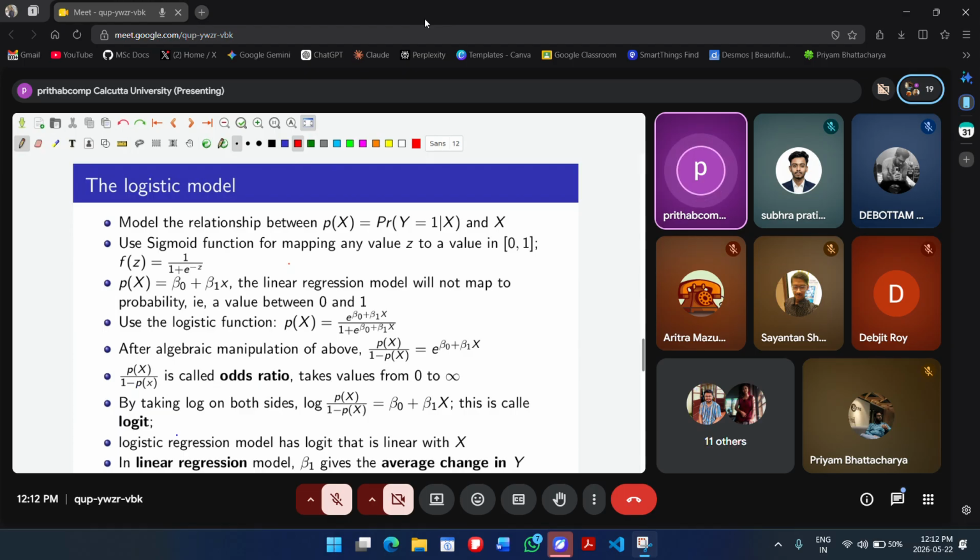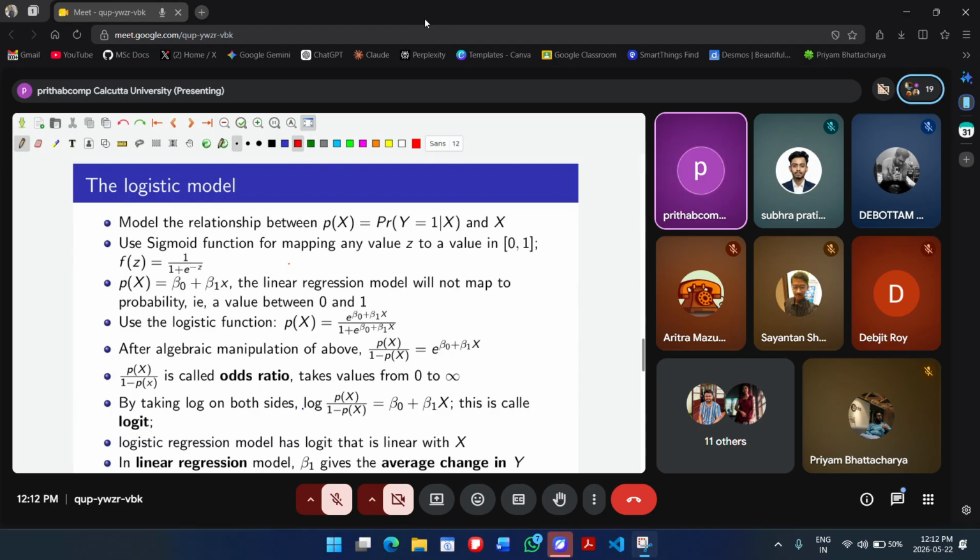So now what we do is we take log on both sides. Log of P of x divided by 1 minus P of x becomes beta 0 plus beta 1x. Okay, so when we take a log, it is called a logit model.